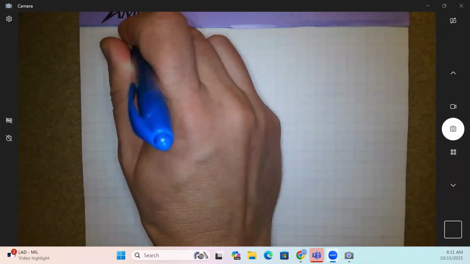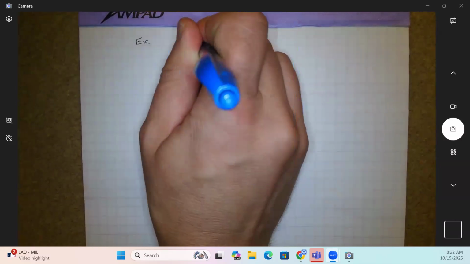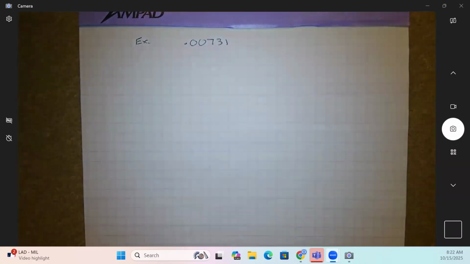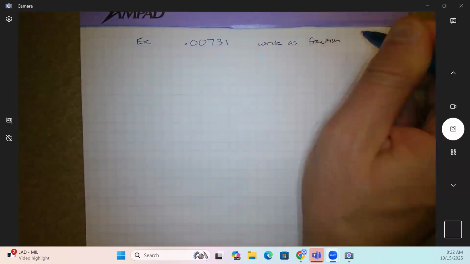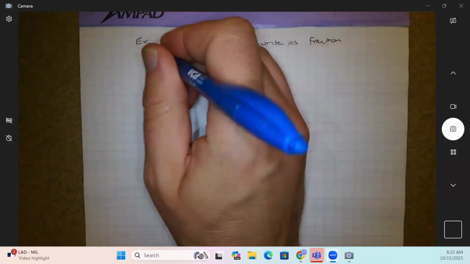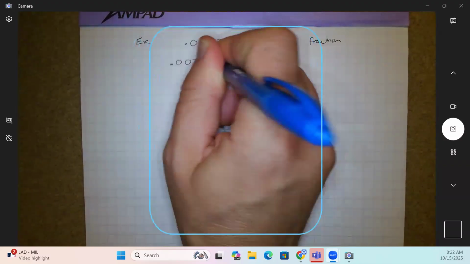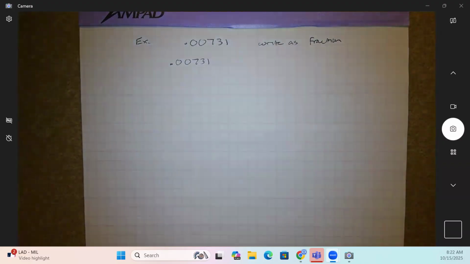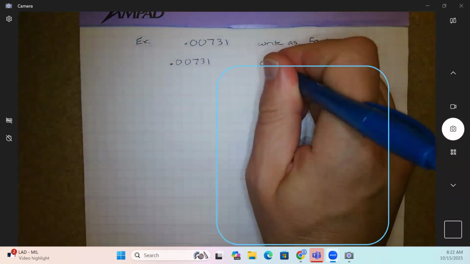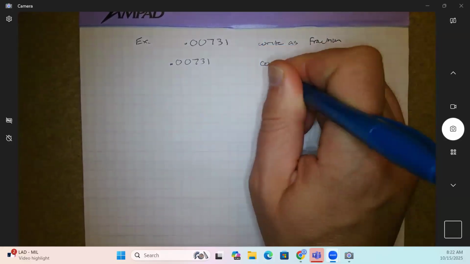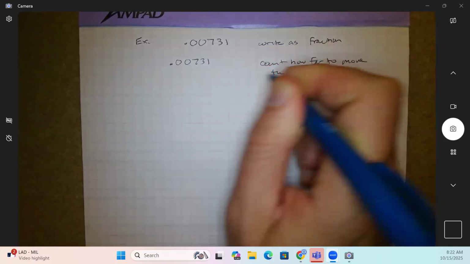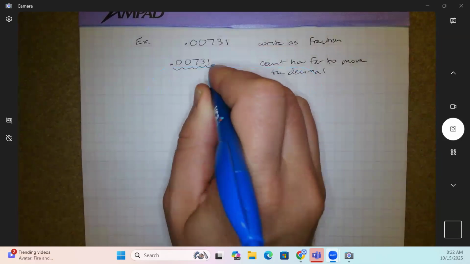All right, we can go the other way too. If I tell you that I have 0.00731 as a decimal, I want to write this as a fraction. We can count how far I have to move the decimal place. 1, 2, 3, 4, 5.